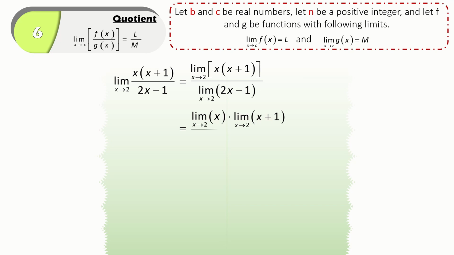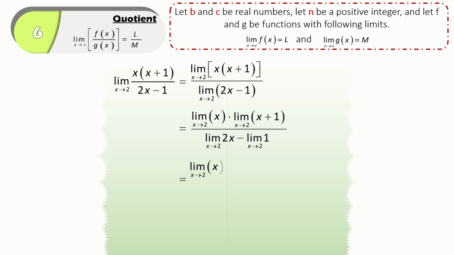Apply the sum and difference property to the denominator. The difference of the limit of 2x as x approaches 2 and the limit of 1 as x approaches 2. Apply the sum and difference property to the numerator.